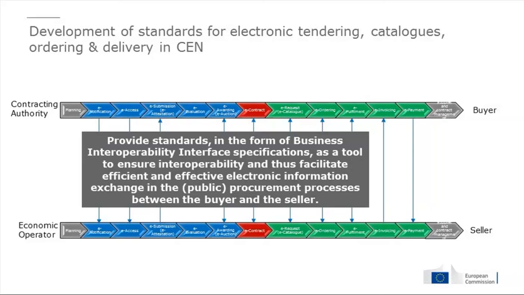That is the post-award part. There's also the tendering part of the pre-award with notification, the submission, and evaluation and awarding process, which is also supported by electronic messages using XML, Oasis UBL. So this is something that is being standardized now.